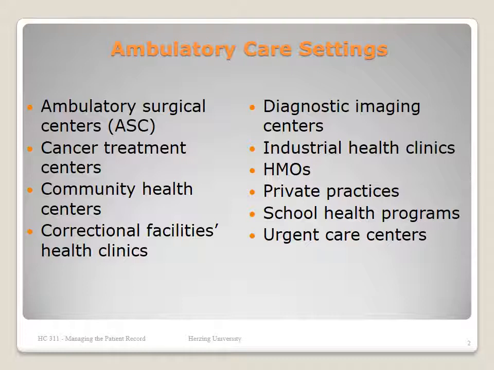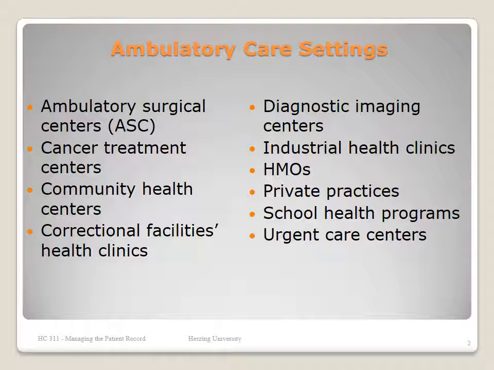Most ambulatory care facilities are privately owned by the clinician or a group of clinicians. They also include school clinics, urgent care centers, and public health departments. Ambulatory care emphasizes preventive care.